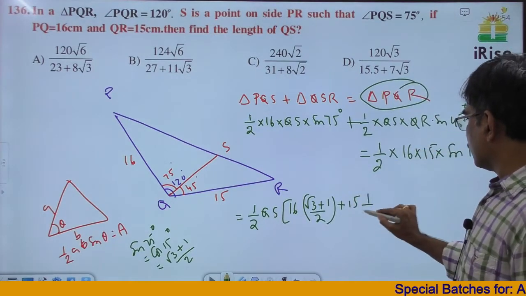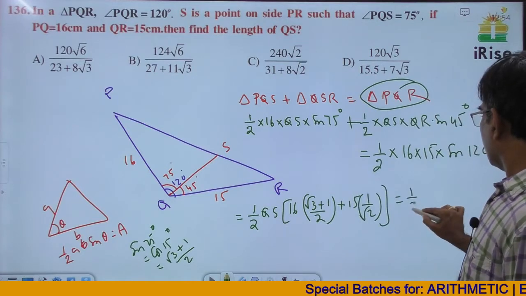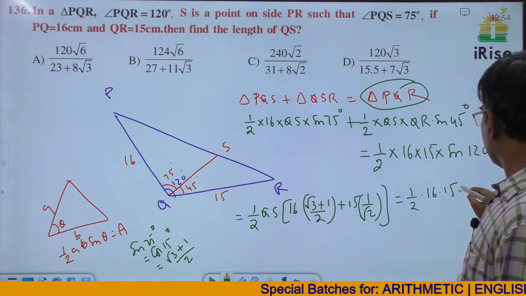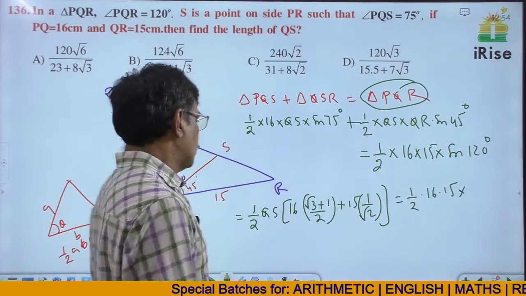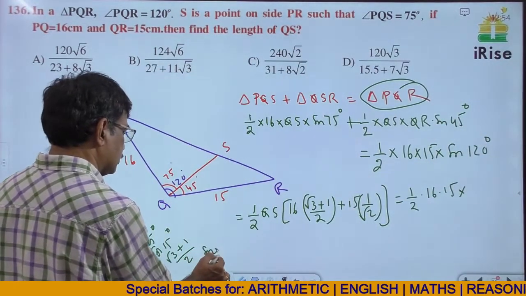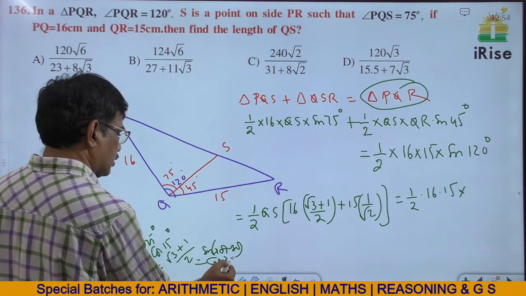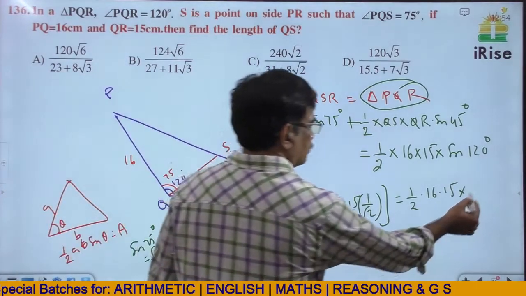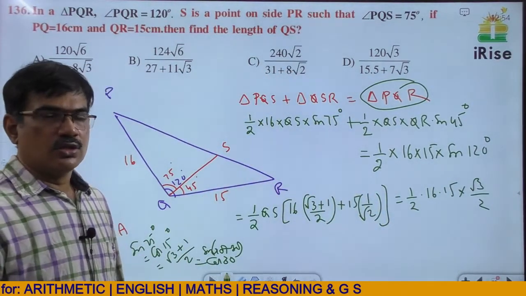Sin 45 is 1 by root 2, already you know, is equal to half into 16 into 15 into sin 120, sin 90 plus 30. What is sin 90 plus 30? Which is equal to cos 30. Cos 30 is root 3 by 2.